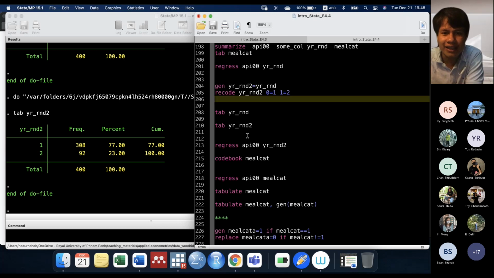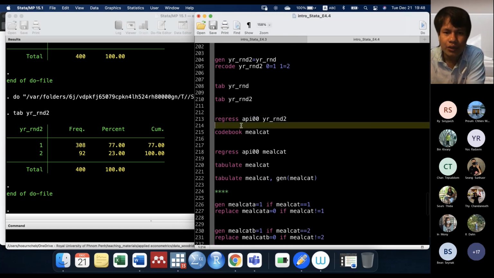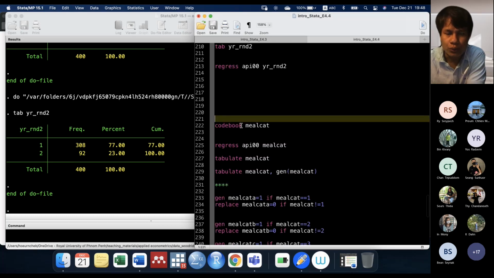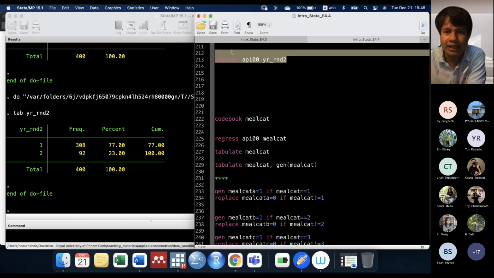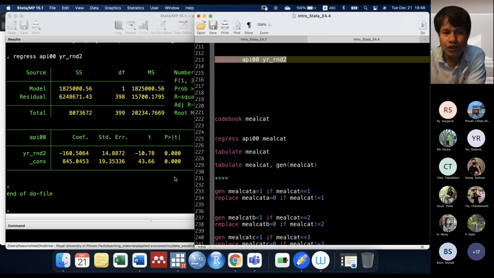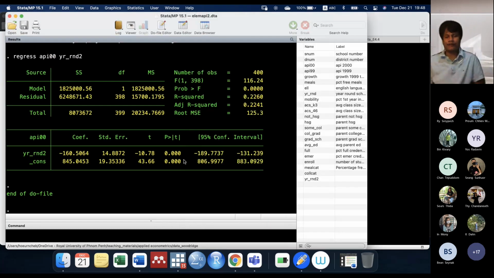And in the regression, if you run it with year round 2, where the categorical variable is coded 1, 2, you should obtain this regression result.